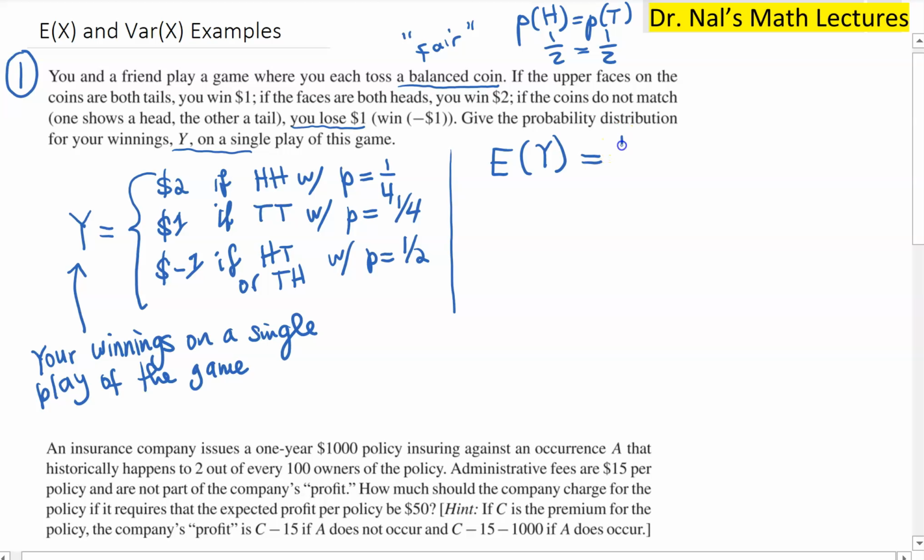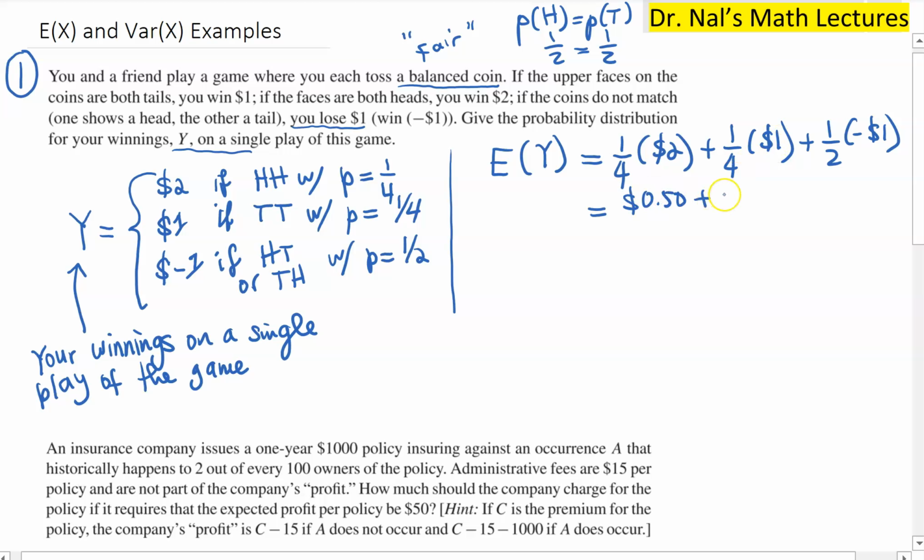Well, with probability 1/4, we'll earn $2. With probability 1/4, we'll earn $1, both positive. With probability 1/2, we will lose $1. Now we can add up these numbers. $2 over 4 will be just 50 cents. 0.5 plus $1, 1/4 of it is 25 cents.